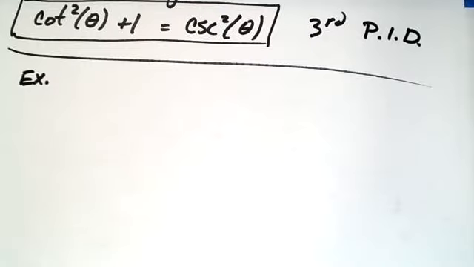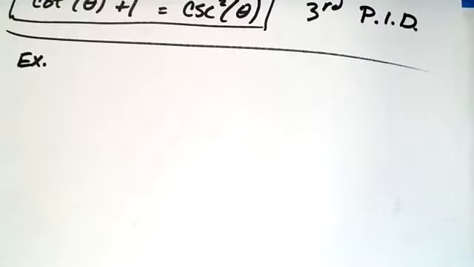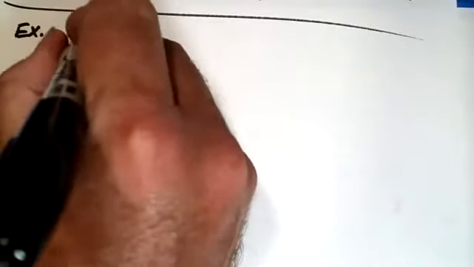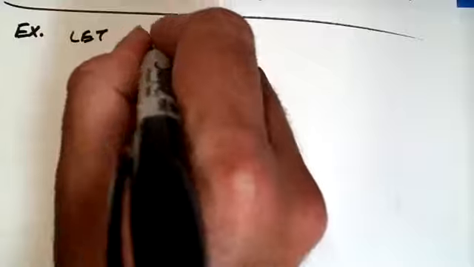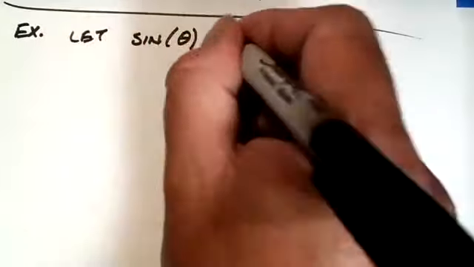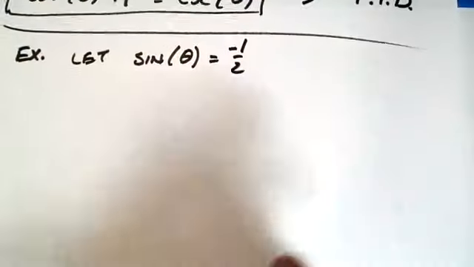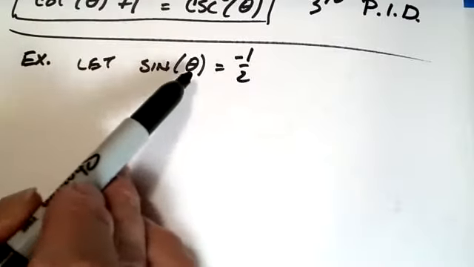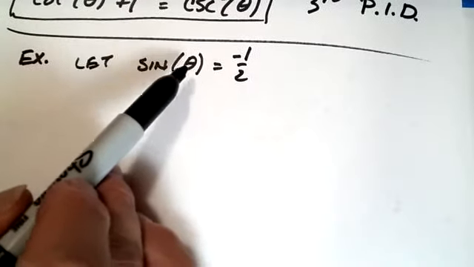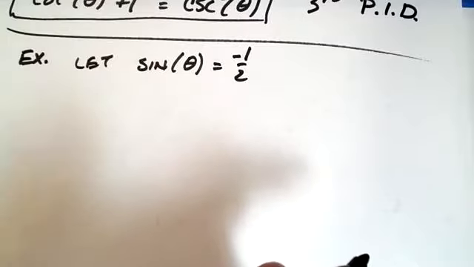So let's start with the easy problem, which is where we're told the quadrant and the value, and try to find the other ones. So let sine of theta equal -1/2. So the only place where this can happen is an angle that's either in quadrant 3 or quadrant 4.